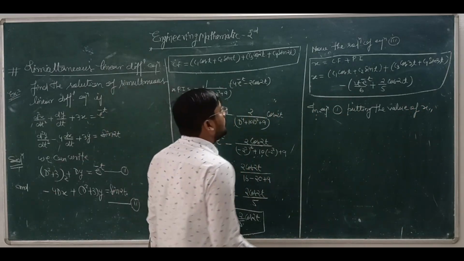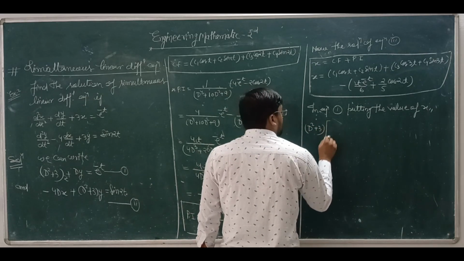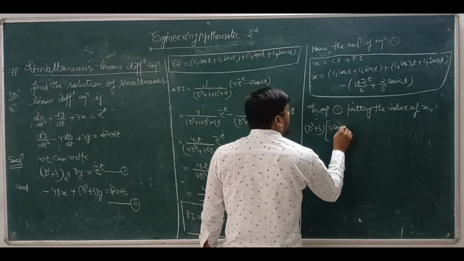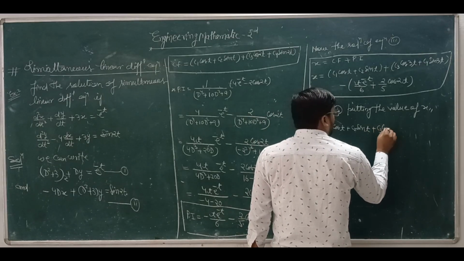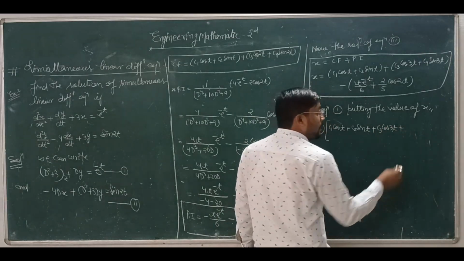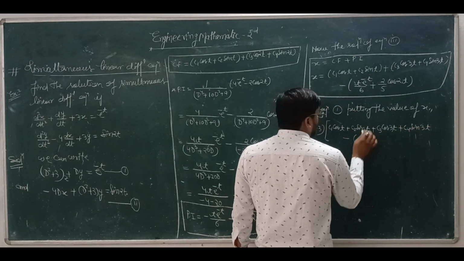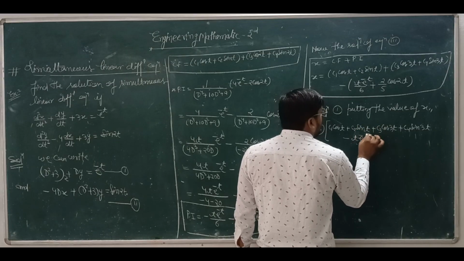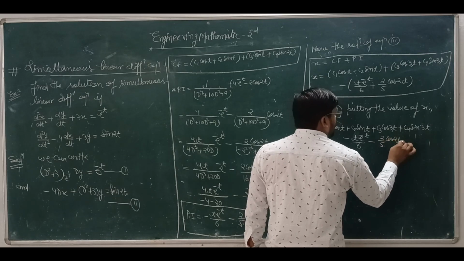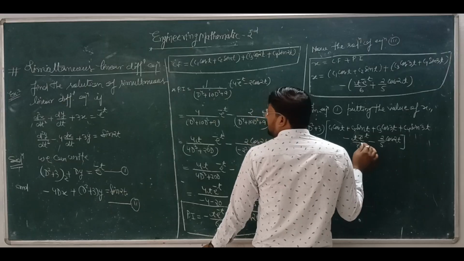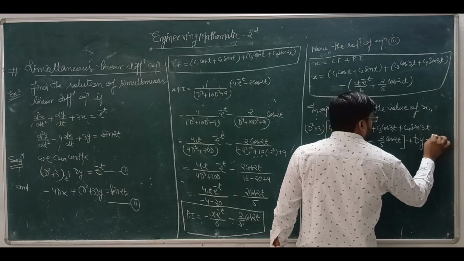Now you can write D square plus 3, put the value of x, you can write c1 cos t plus c2 sin t plus c3 cos 3t plus c4 sin 3t minus t e to the power minus t upon 6 minus 2 by 5 cos 2t, and you can write D plus y, Dy is equal to e to the power minus t.